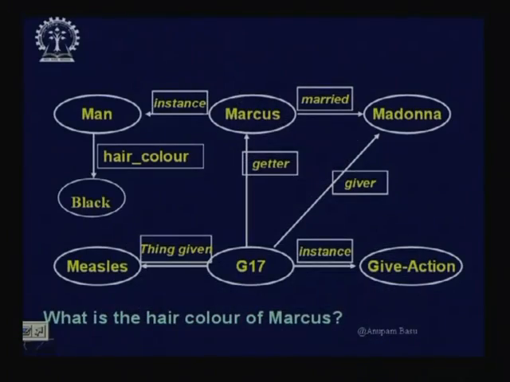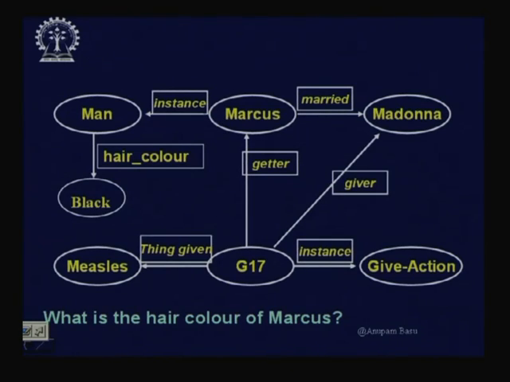Now, we try to match with this. I make Marcus my current node. No arc is coming out of Marcus with the relation hair color, but there is instance or subclass. You see, I am not traversing the other arcs at all. Please note that. The only pointers that I am putting into the next possible nodes are of the instance or subclass type of relationship.